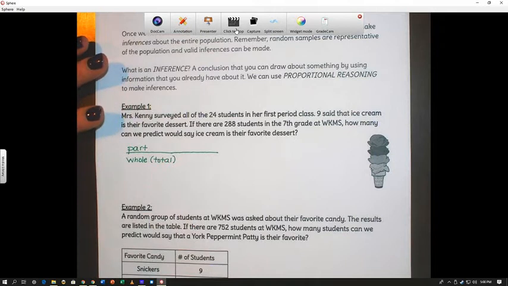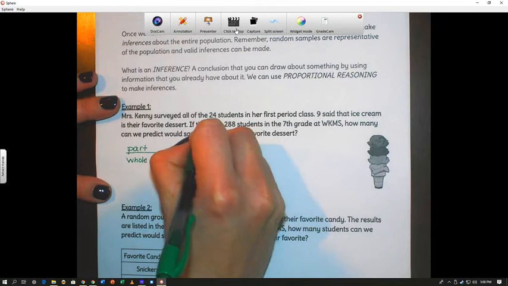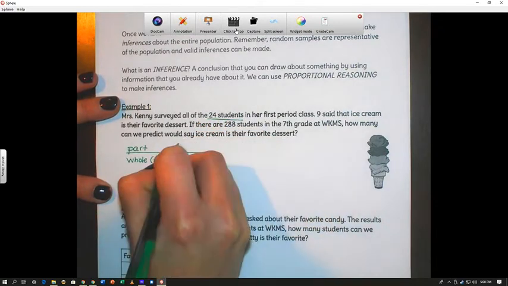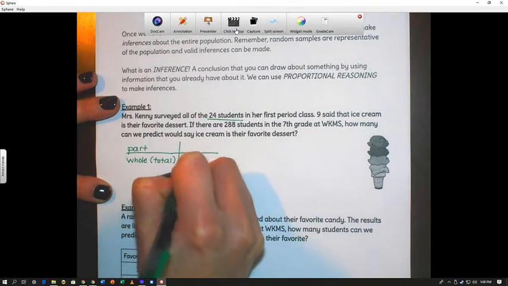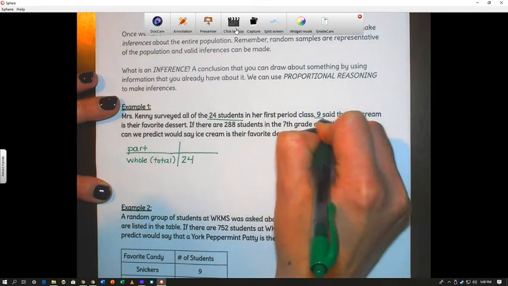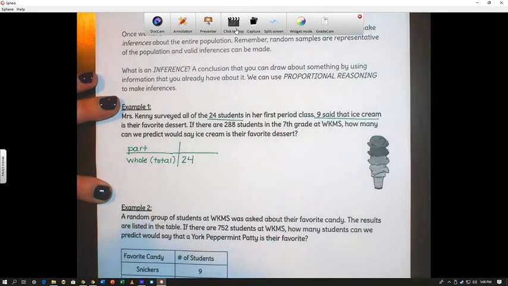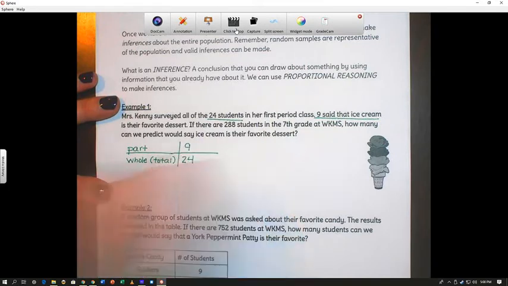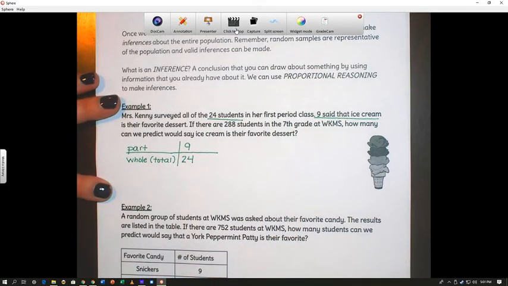So how many total students are in my first period class? And that would be 24. And 9 said that ice cream is their favorite. So 9 is the part out of 24 total students.